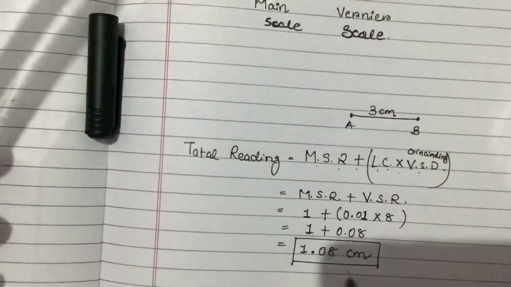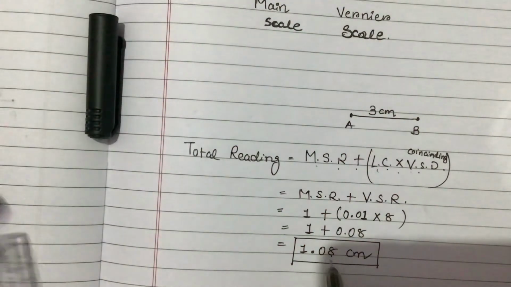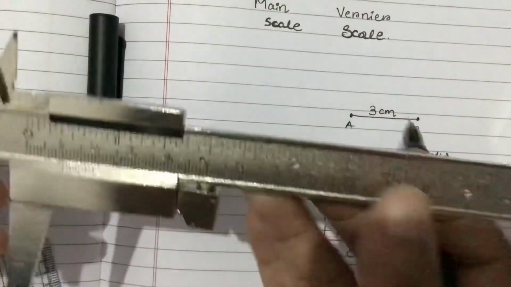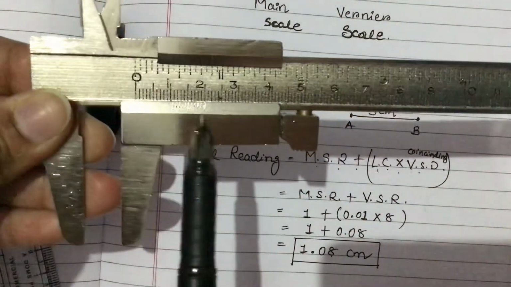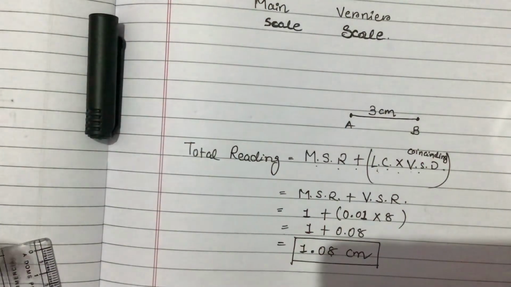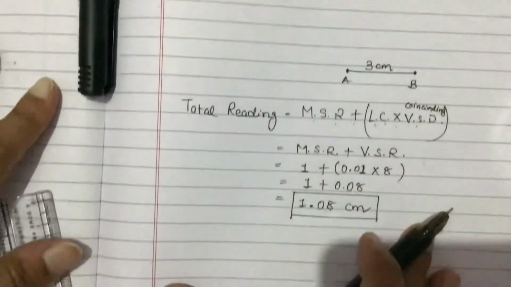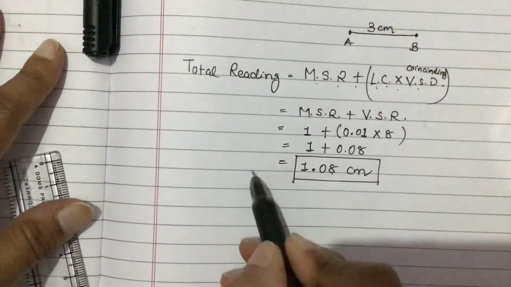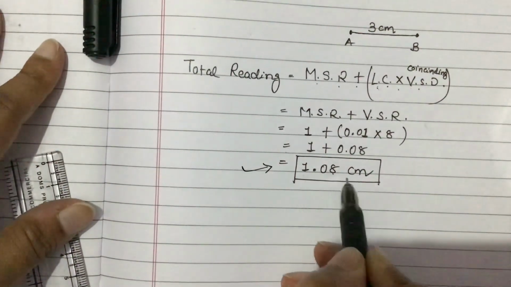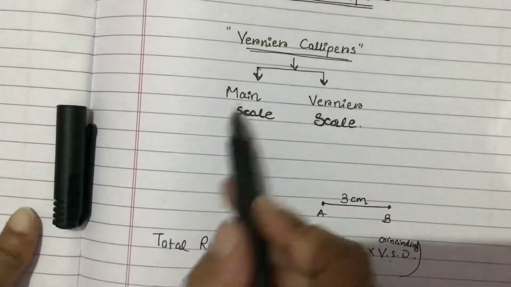But is it exactly 1.1? To get the precise reading, what do we have? This Vernier scale over here. So now the final, most precise reading for the diameter of a pen cap is 1.08 centimeter. So this is how we read vernier calipers.